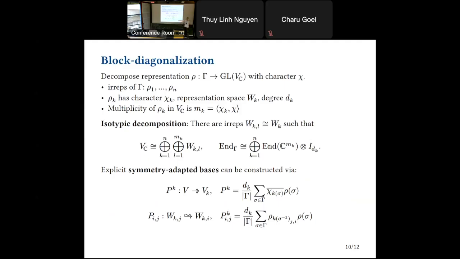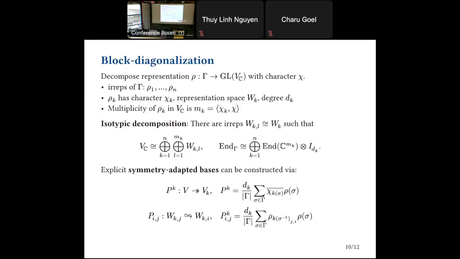And in each of these components, you can even go further, and you can go down to multiplicity space, in the sense that if we know there's m_k copies of the irrep rho_k, so the irrep rho_k is appearing m_k times, then you can get another internal decomposition according to the multiplicity. And these W_kl will all be isomorphic to W_k. So this is on the representation side.